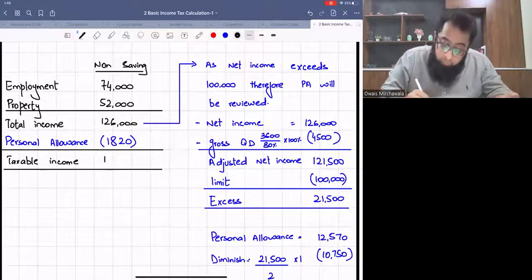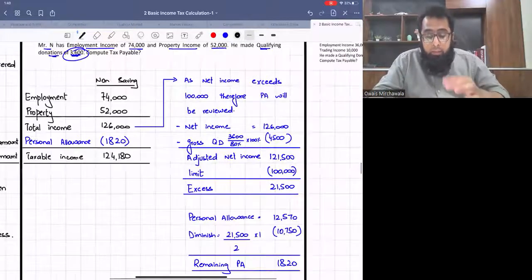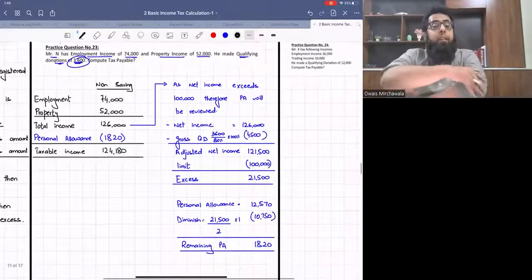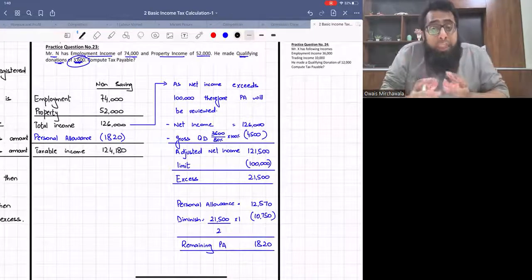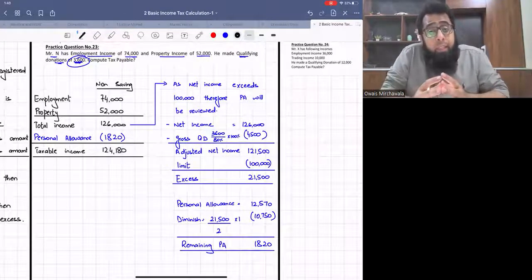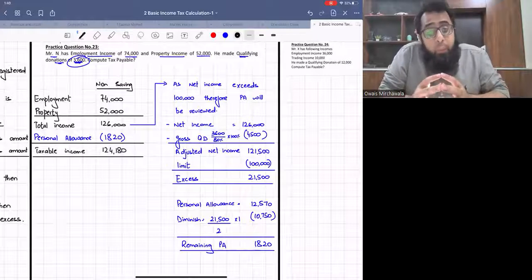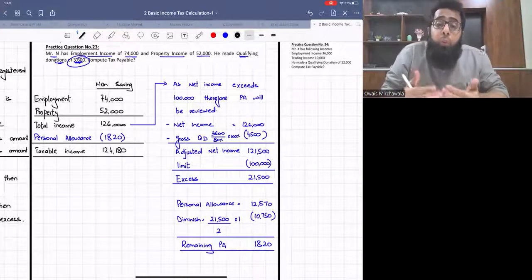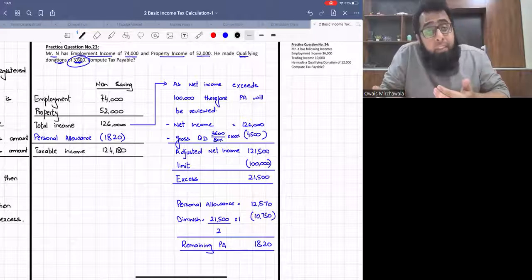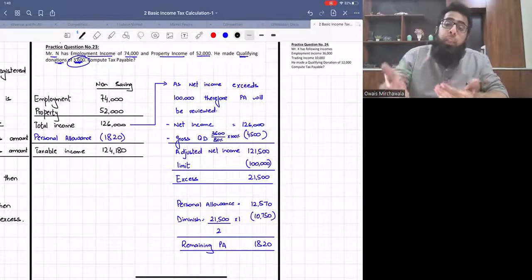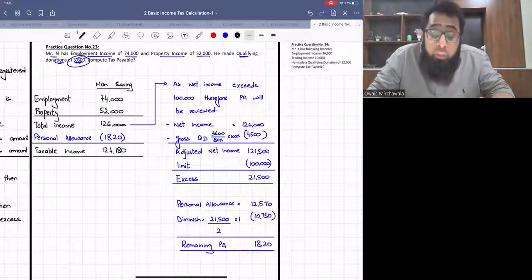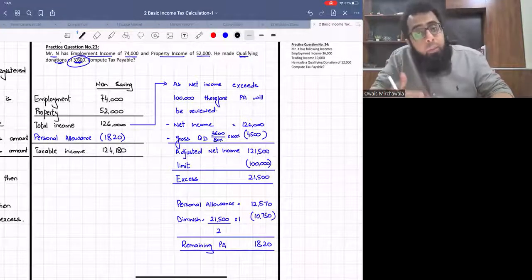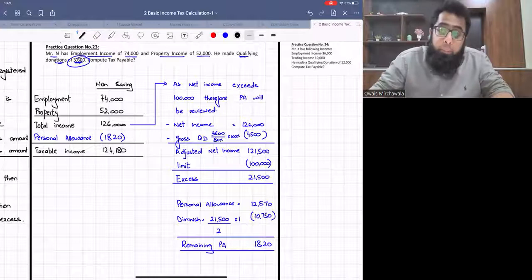So what we have done till here is, we classified the incomes in the relevant heads. We calculated the value of total income. Now, since there was no qualifying loan interest expense, the total income was the net income.